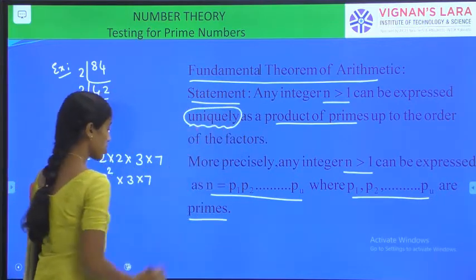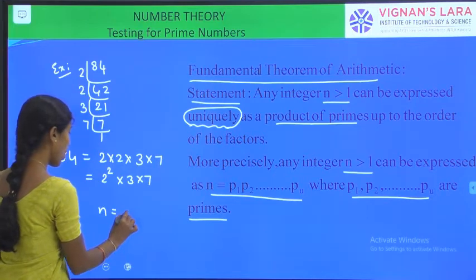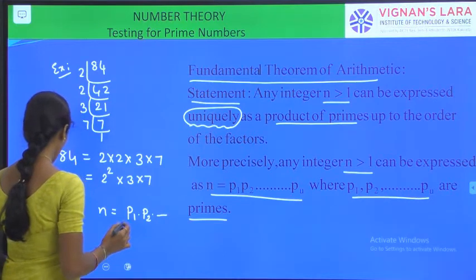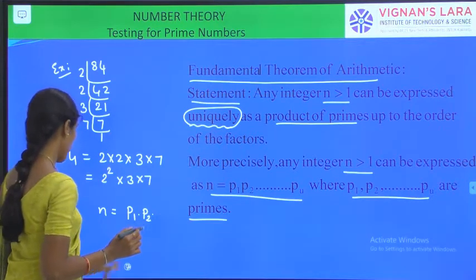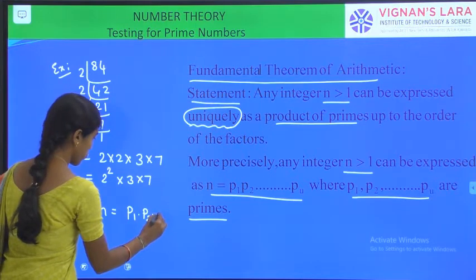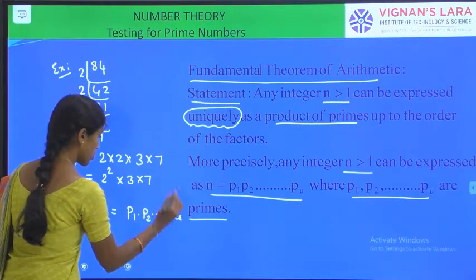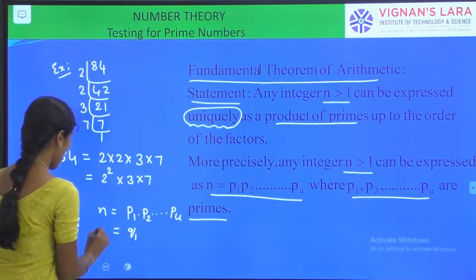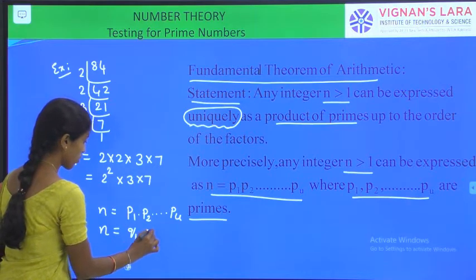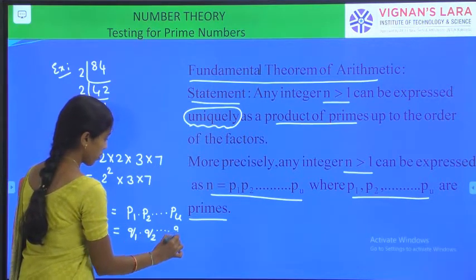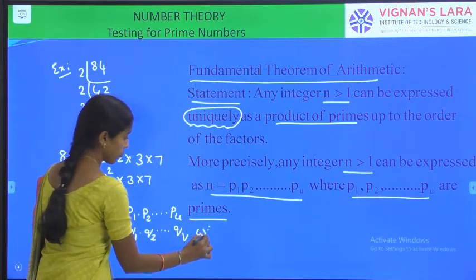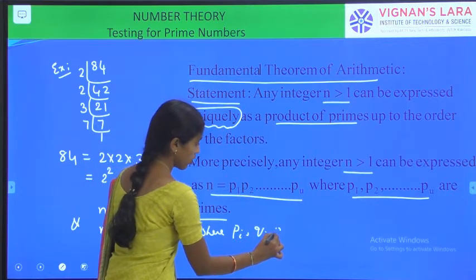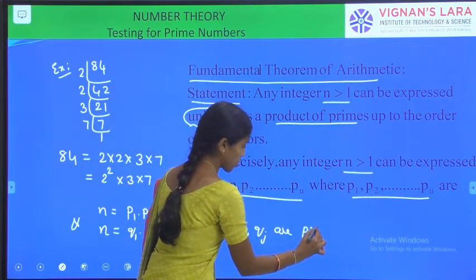This means that suppose for any number n, you have two representations. p1 into p2 so on pu, this is one representation. The second representation is n is equal to q1, q2, so on qv, where pi, qj are prime numbers.